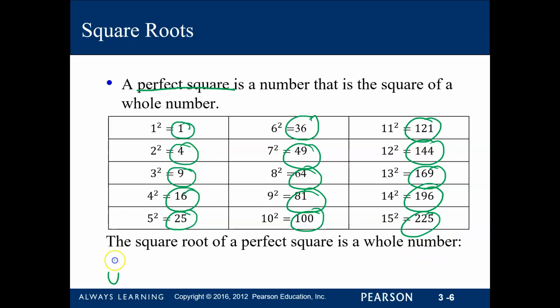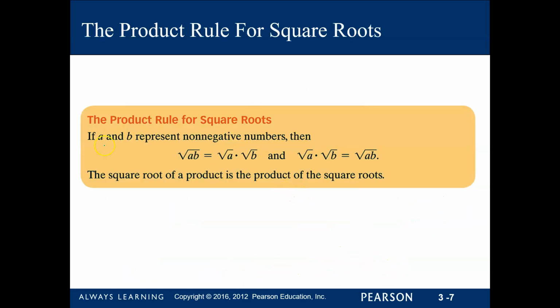These perfect squares, if you get their square roots, are the only square roots that are going to be rational. So we have the square root of 0, which is 0. The square root of 81 is going to be equal to 9.